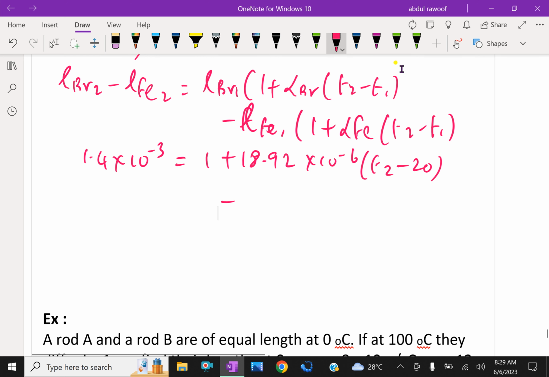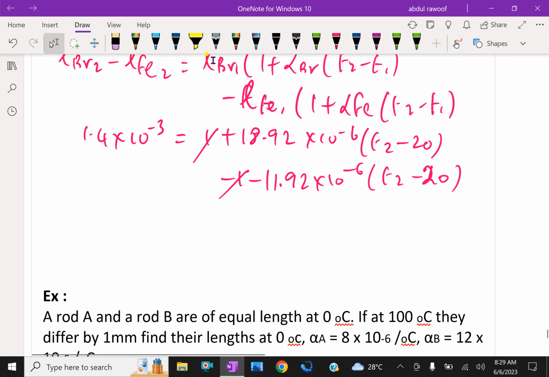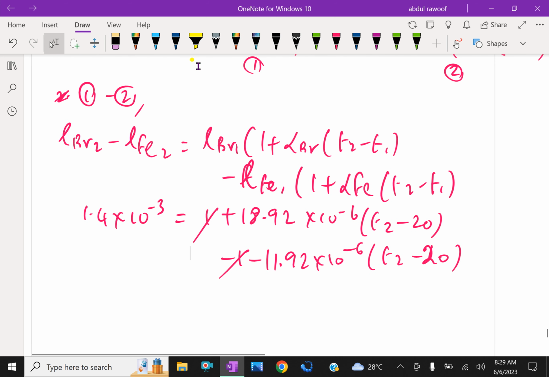This calculation gives 1 minus, because the minus is multiplied throughout, 11.92 into 10 raised to minus 6 times T2 minus 20 degrees Celsius. Now both of these cut, which gives 1.4 times 10 power minus 3.